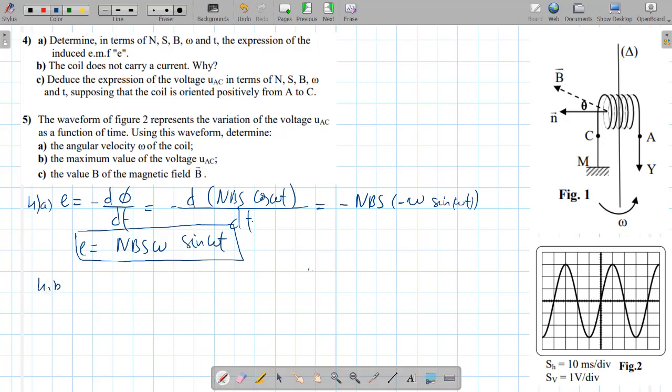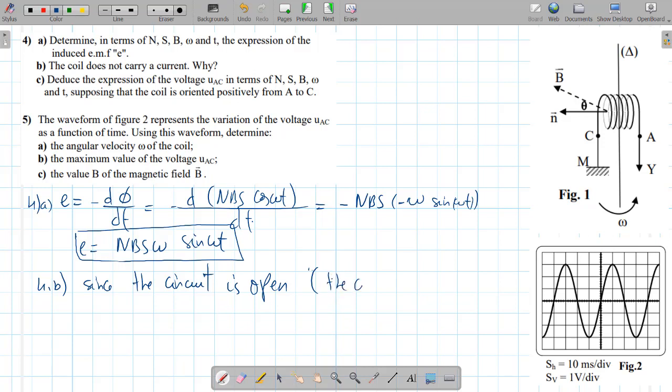هلا part 4B عم بيقول لي the coil does not carry a current Y since the circuit is not closed أو is open. بين الهلالين. ليش open؟ لأنه connected.